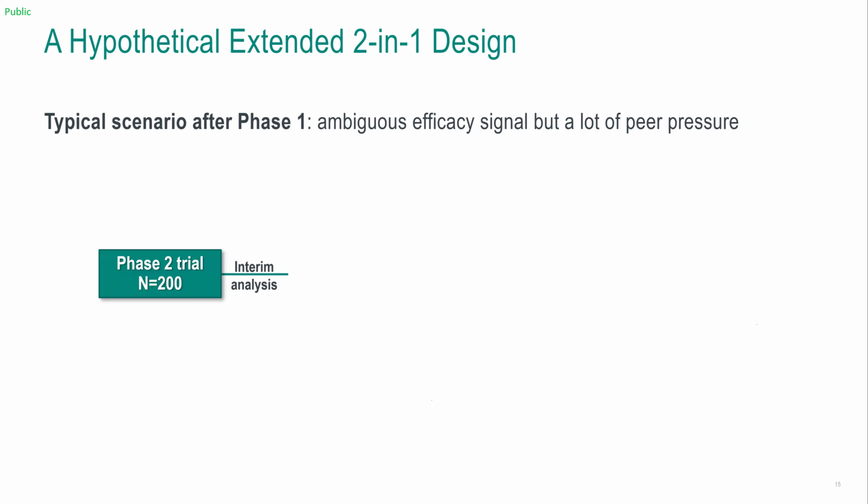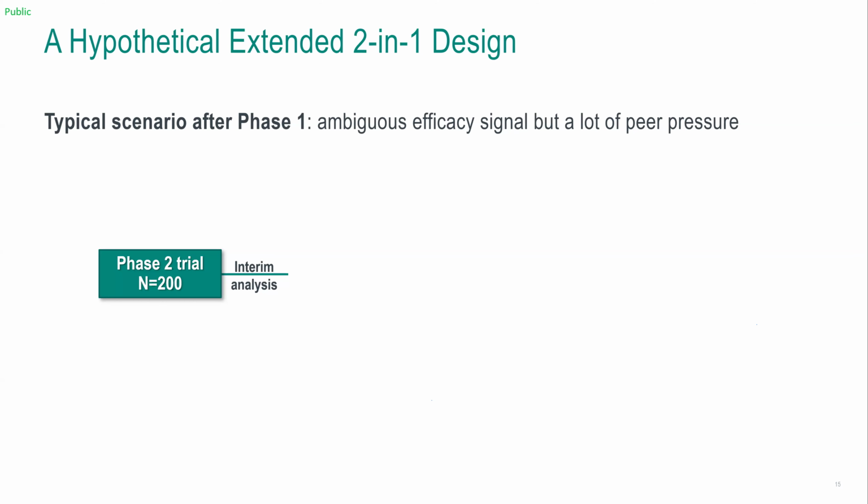And in this case, you may want to start your program as a phase 2, like 200 patients, one-to-one randomization, and then you conduct an interim analysis after about 140 patients have had 3 months of follow-up. By the time you have already enrolled pretty much everybody, but the last 60 or so patients didn't have adequate follow-up, so you don't need to include them in the interim analysis.